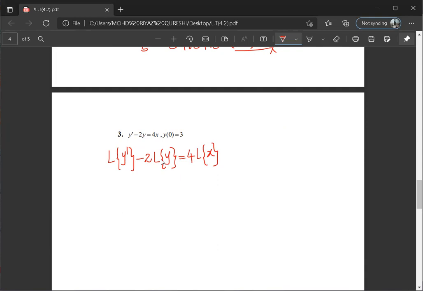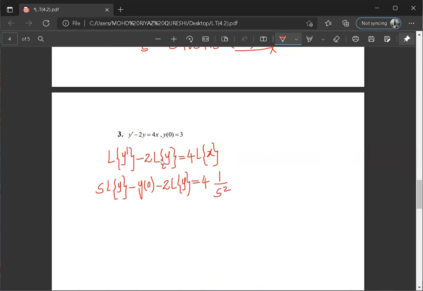The Laplace transform of derivative formula: s into L of y minus y of 0, minus 2 times L of y is equal to 4, a constant, L of x is 1 by s square. It is there in your formula sheet.